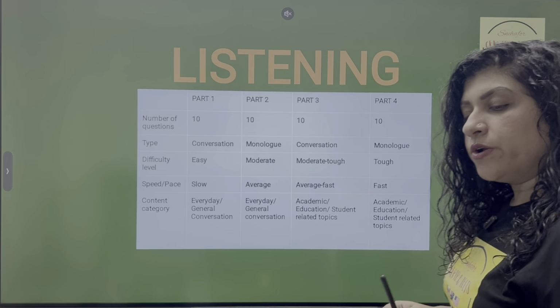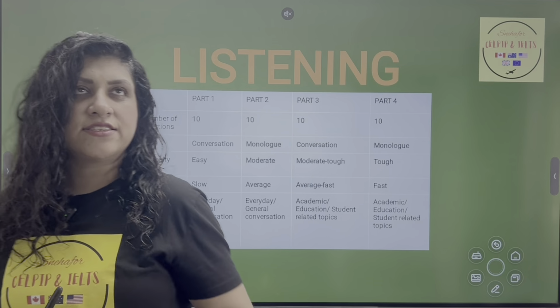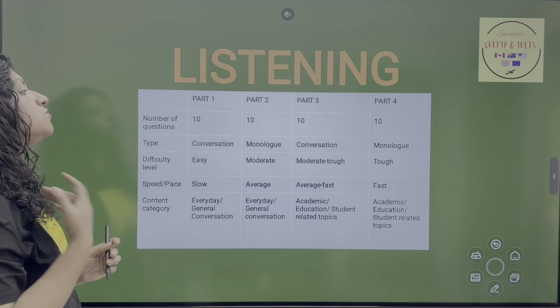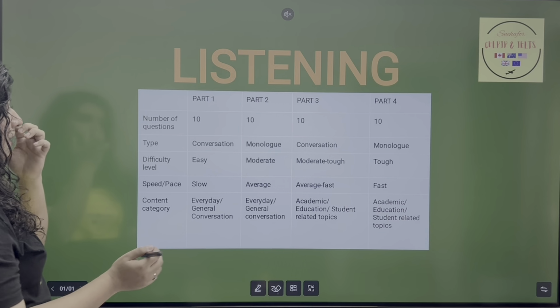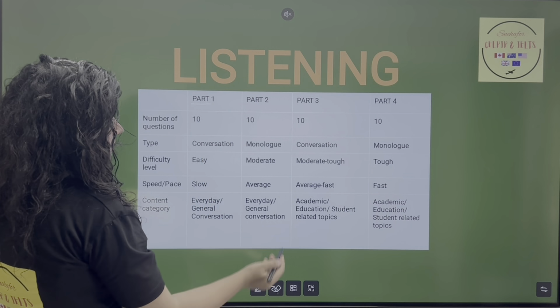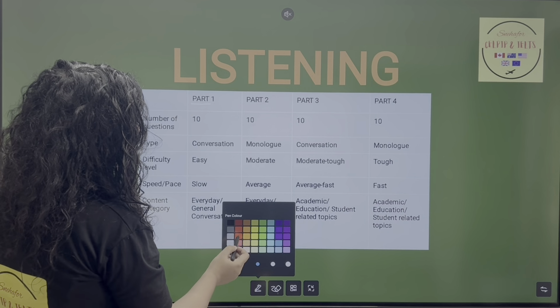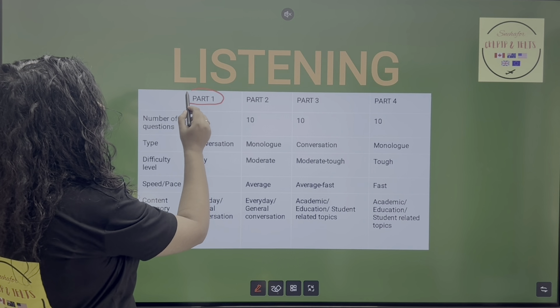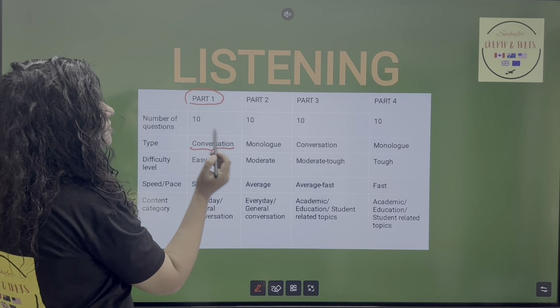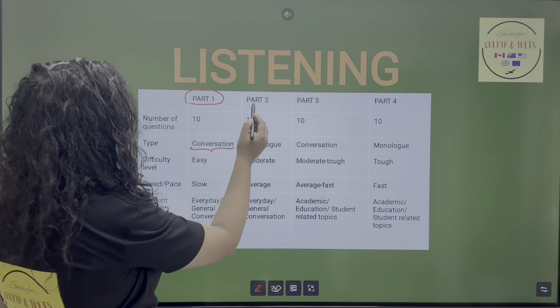Now, talking about the format of this listening module, in total you have 4 parts. Part 1 is a conversation, which means there will be a number of speakers involved.